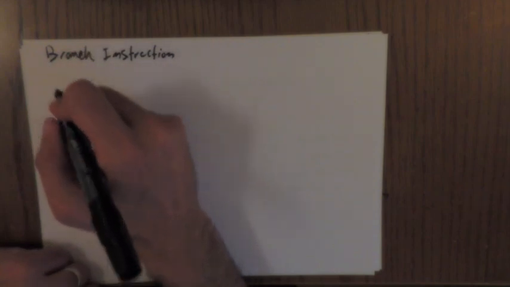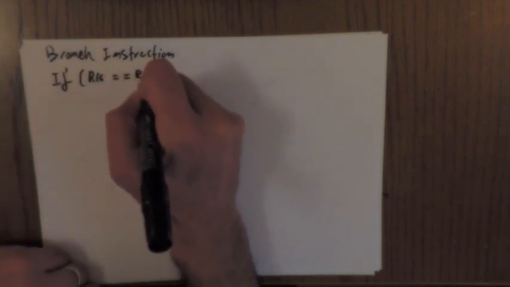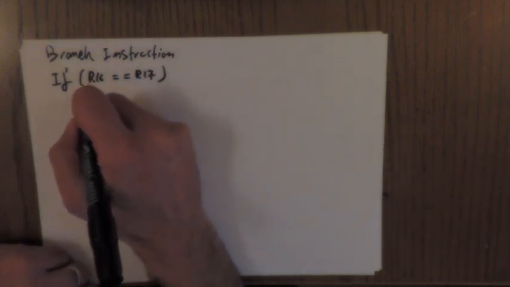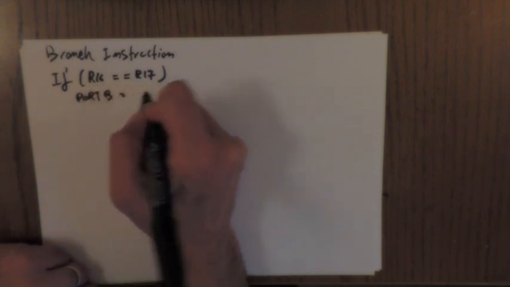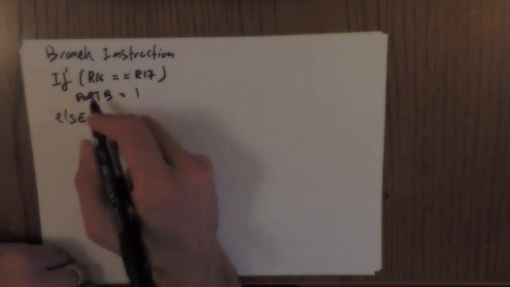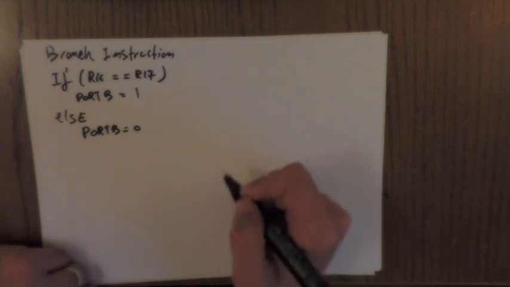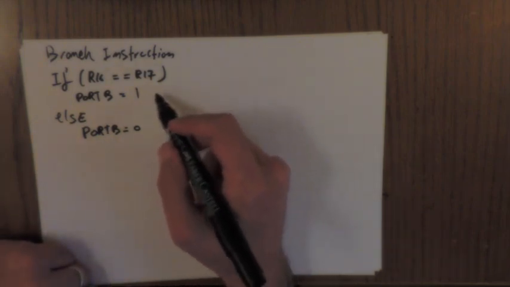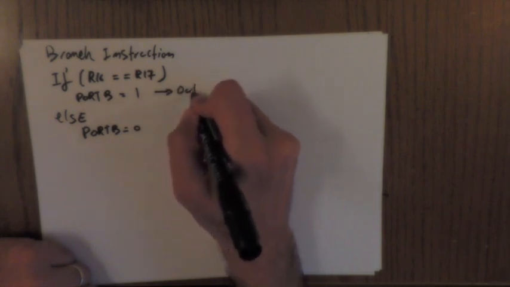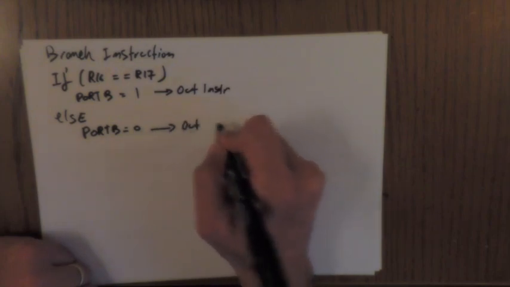So what I want to do is something like this: if R16 is equal to R17, output 1 on port B, else port B will be equal to 0. Typically when we want to place something on port B, we use the OUT instruction. So this will be an OUT instruction, and also this will be an OUT instruction.